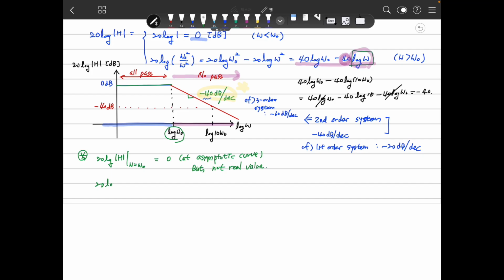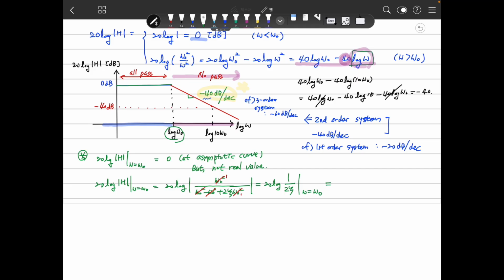You insert the exact values in log h when omega is omega 0. It is 20 log of h, which is omega 0 squared minus omega 0 squared plus 2 zeta omega 0 squared over omega 0 squared. So in 20 log, these eliminate each other in this manner, giving 1 over 2 zeta at omega equal to omega 0.